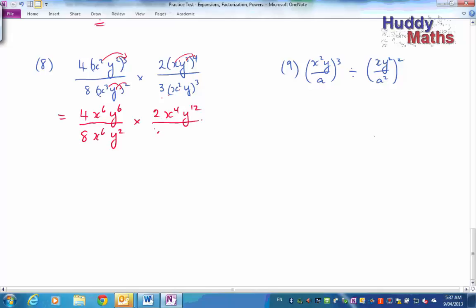Over here just leaving the 3, that's not in the bracket, x squared cubed is x to the 6, you multiply the powers, y to the 1 all cubed is y cubed. So I've done all the brackets.